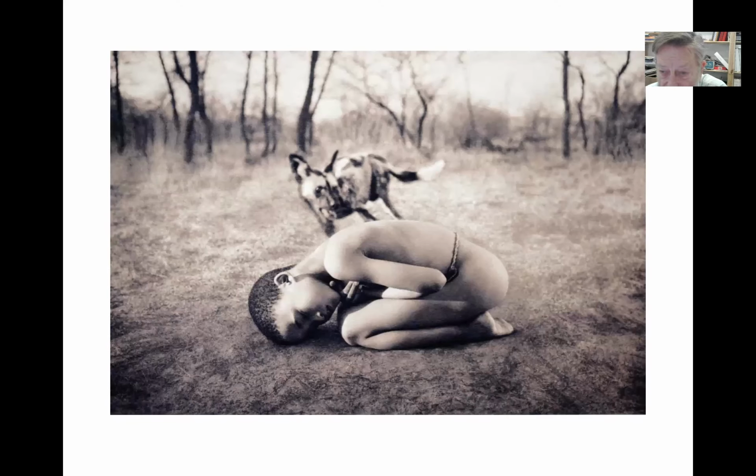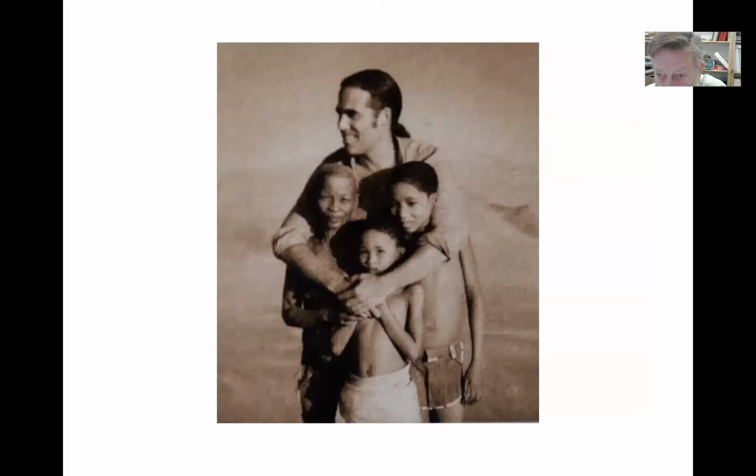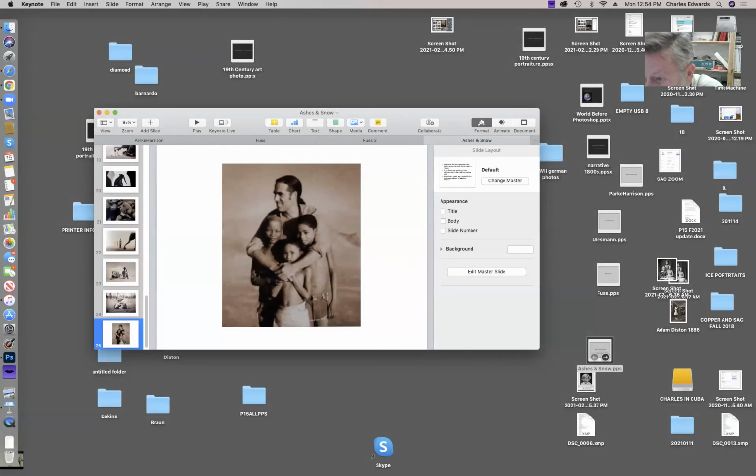Hyenas are famously dangerous animals, so I don't know about this one either. And that's Gregory Colbert and some of his subjects. So there's some examples of 19th and 20th century art, photography, photographic art.